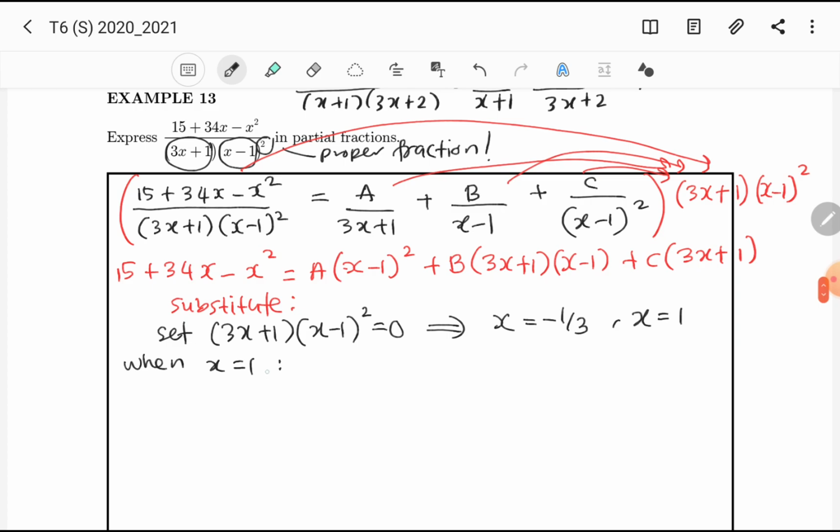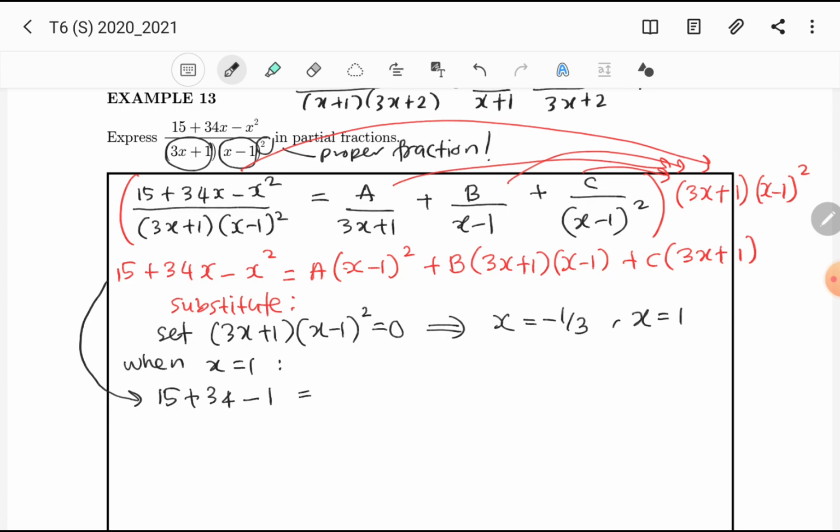Okay. So on the left, ni kat sini yang kita dah equate tadi tu. So we have 15 plus 34 lagi minus 1 equals to berapa? Berapa ni?